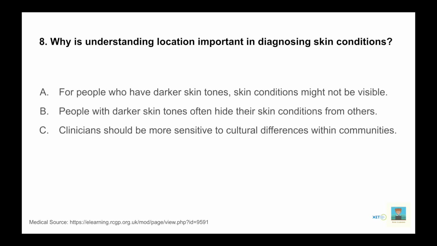The locations of melanocytic lesions in people with darker skin can also be different, and we should bear that in mind. So things like under the nails, subungual lesions, and lesions on the feet are more common.